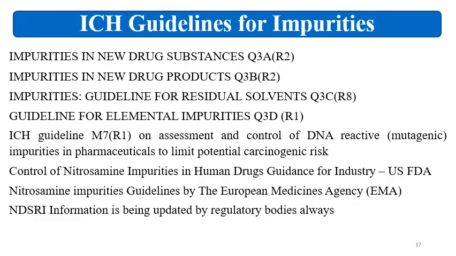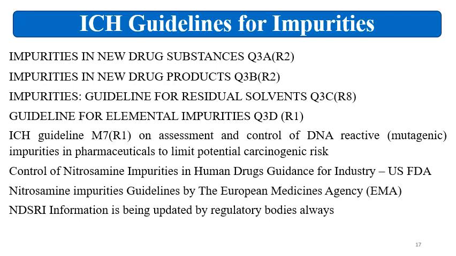Then the guidelines for the impurities. Mainly the ICH guidelines deal with each and every type of impurity. Impurities in new drug substances is Q3A. Then impurities for drug products is Q3B. For residual solvents you can see the Q3C guideline, and for elemental impurities you can see guideline Q3D.